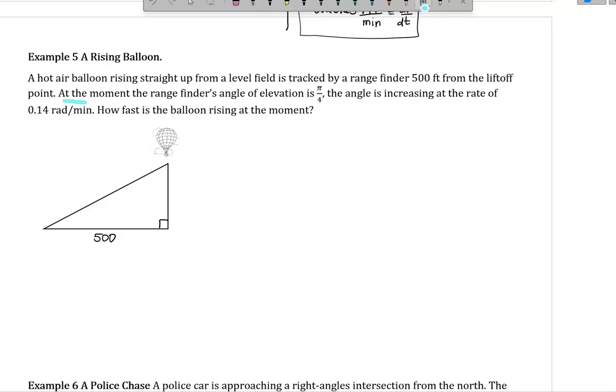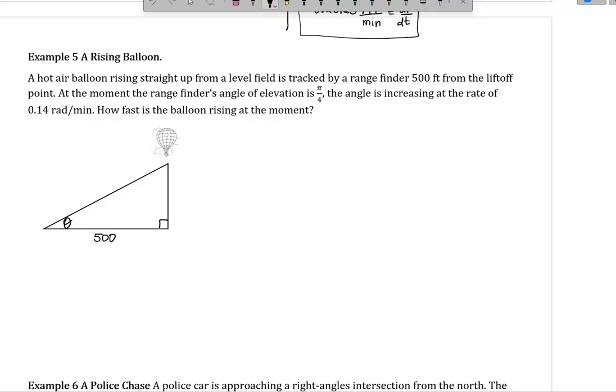They go on to say, at the moment, the rangefinder's angle of elevation is pi over 4. So we are talking about the angle in the triangle right here. I'm going to call that angle theta. They tell us that at that moment this angle is increasing at a rate of 0.4 radians per minute. How fast is the balloon rising at the moment?